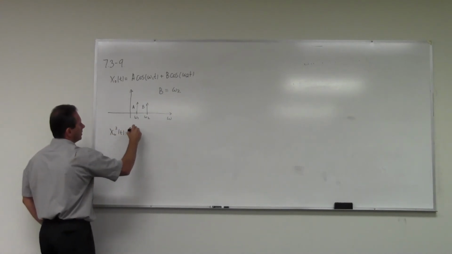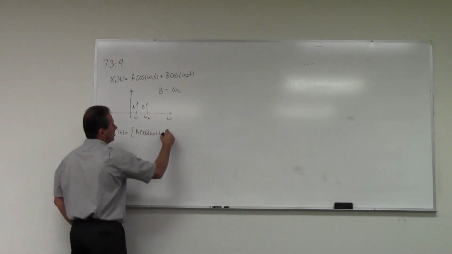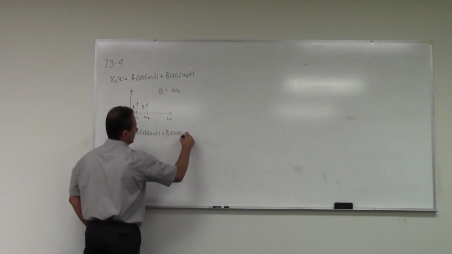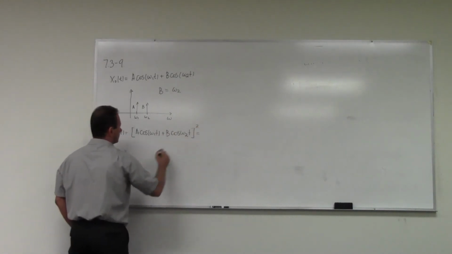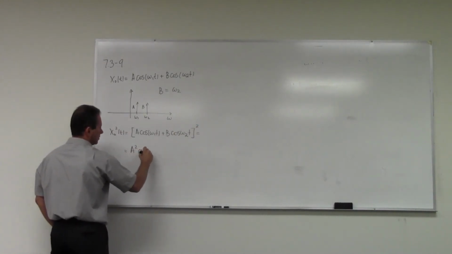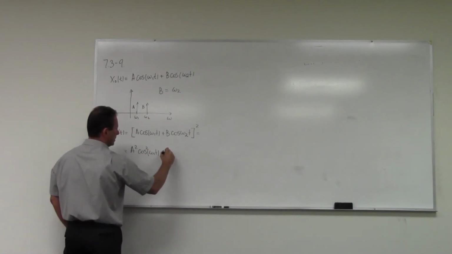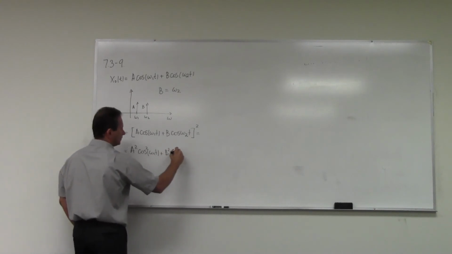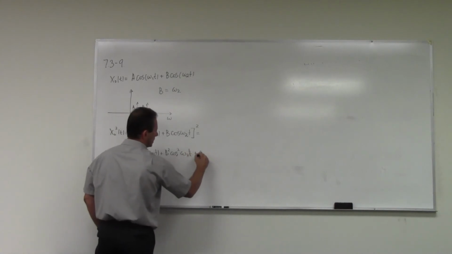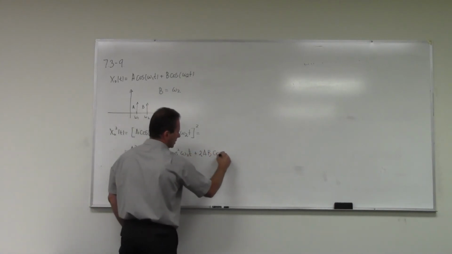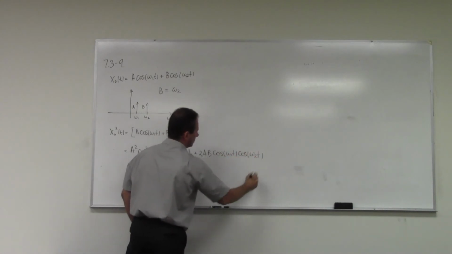What does this one look like? Well, this is a cosine omega 1t plus b cosine omega 2t, and this is going to be squared. So this is going to be a squared cosine squared omega 1t plus b squared cosine squared omega 2t, and then plus 2ab cosine omega 1t cosine omega 2t.